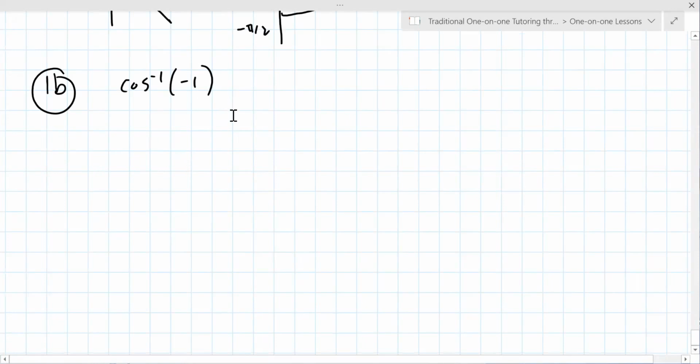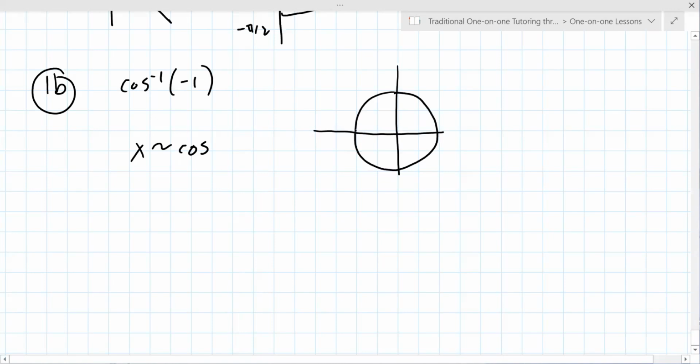Okay. Where is the x value? Because cosine is the x value. Where is the x value -1? It's on the axis on the left side. Right over there, so the angle is pi.